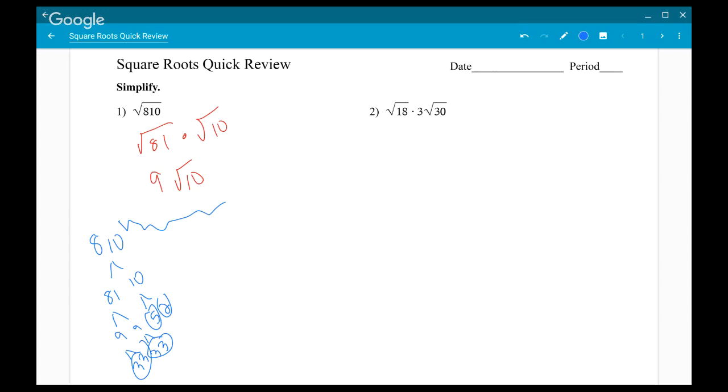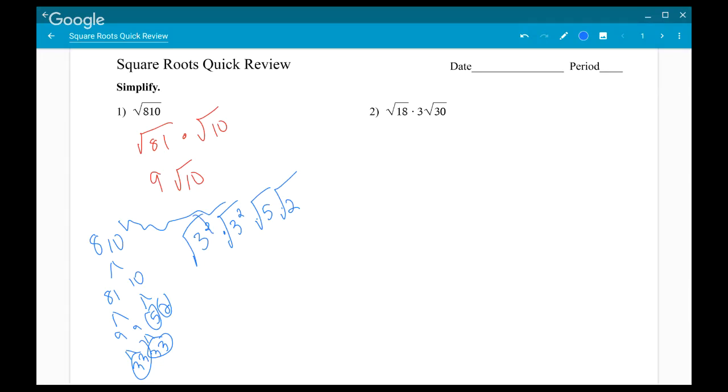So I'm going to rewrite my 810 as 3 squared times 3 squared times 5 times 2. Anything that I could group as a pair, I put together. Anything I couldn't, I didn't. I'll stick a square root over all of them because they were all a part of 810.